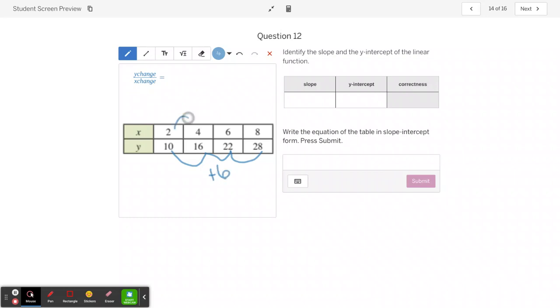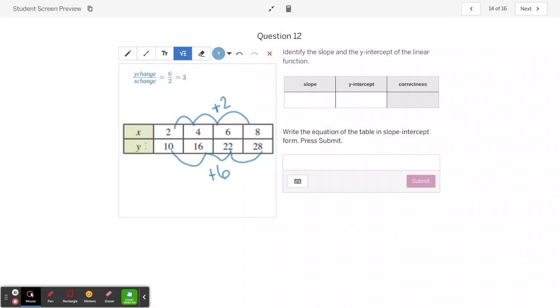My x's 2 to 4, 4 to 6, 6 to 8, they are plus 2. So my change in y is 6 over 2. That can be simplified. You can put it in the calculator or this basic division problem. 6 divided by 2 is going to be 3.